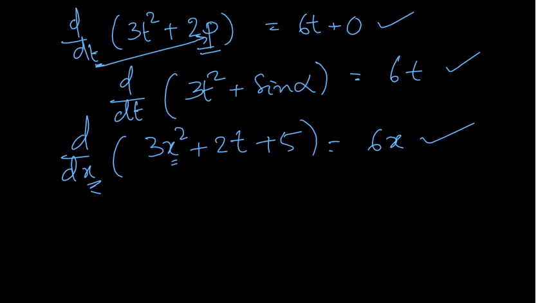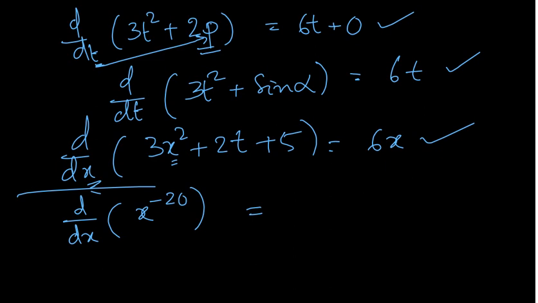So far these are all easy things. Then the next part is the same thing. If I have a negative, I got x to the power of minus 20. Rule is the same thing. That means minus 20 x to the power of minus 20 minus 1.